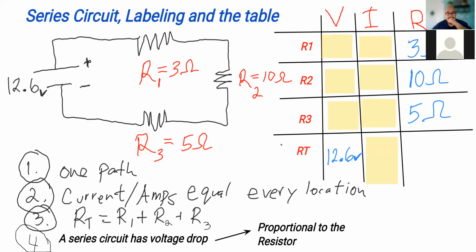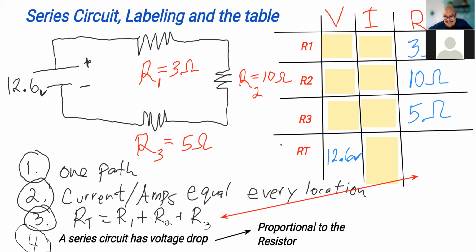Now, if we look at our characteristic number 3, we can acquire total resistance because it's just adding up 3 plus 10 plus 5. Okay, so that's what I can do there. I can use characteristic number 3 to find out what goes in the bottom right of that table, because I have every resistor.